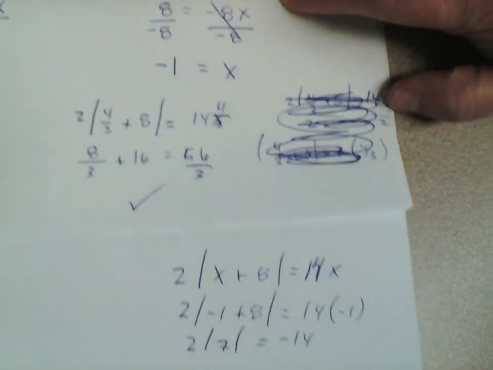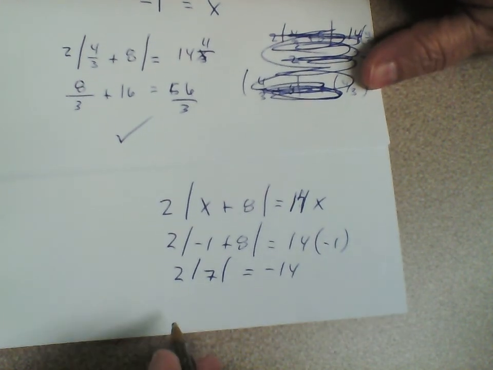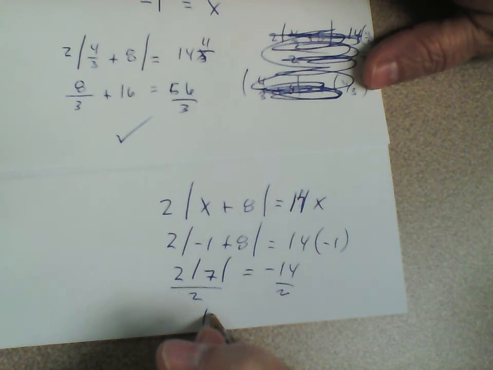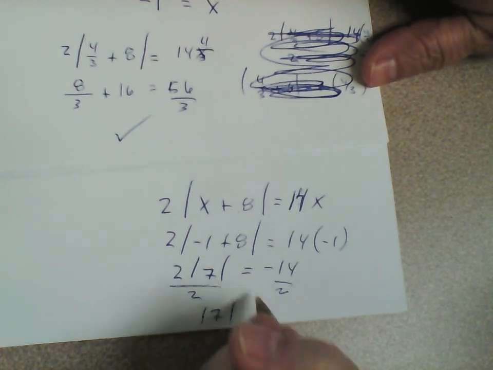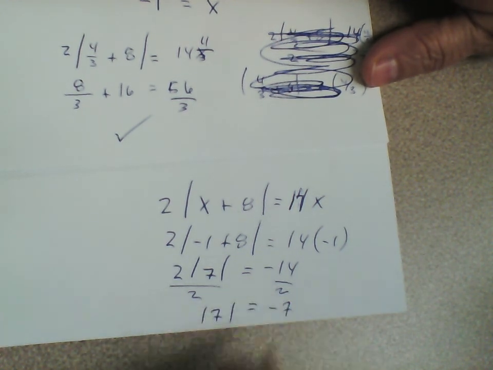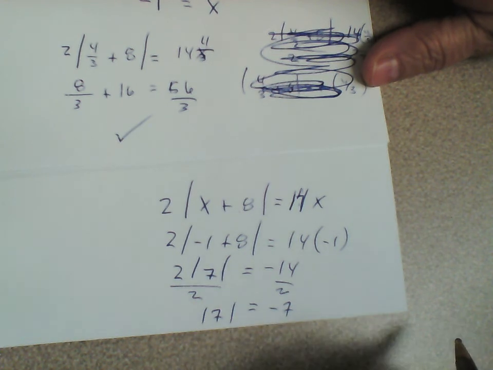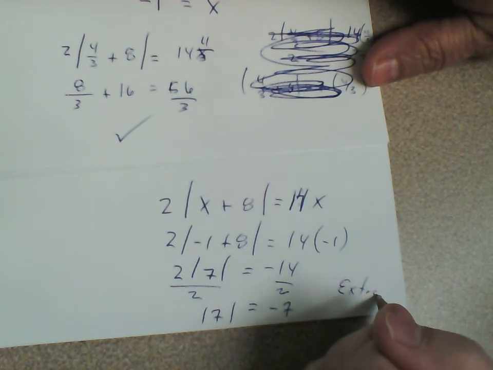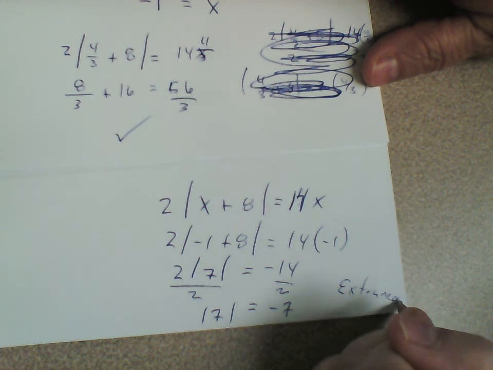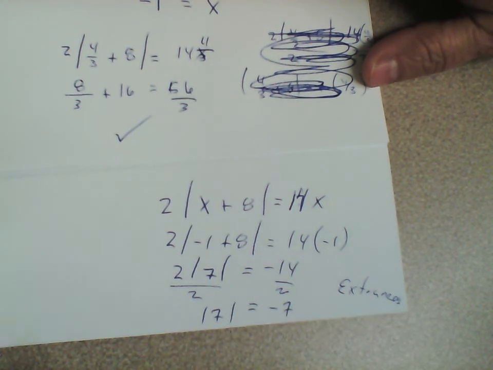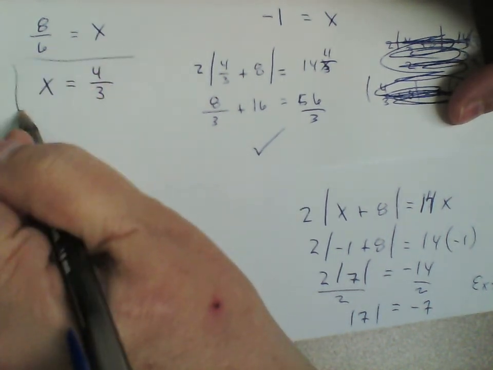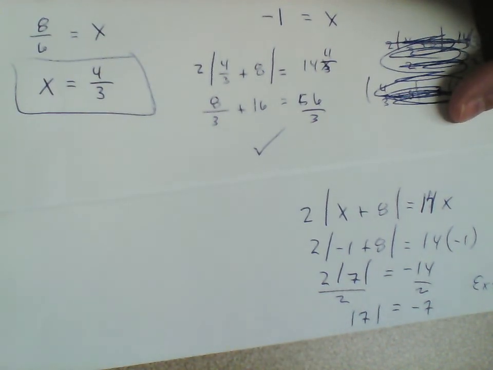Can you see where we might have something extraneous going on here? We divide this by 2, we divide this by 2, and we get the absolute value of 7 equals -7, and it cannot equal something negative. So this would be extraneous, right? So our only actual solution to this is x equals 4/3.